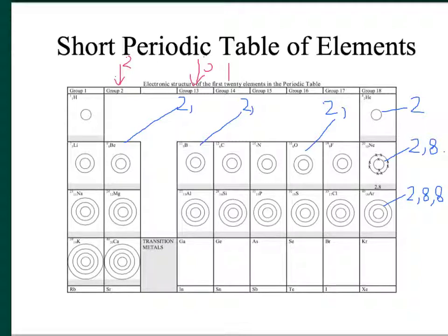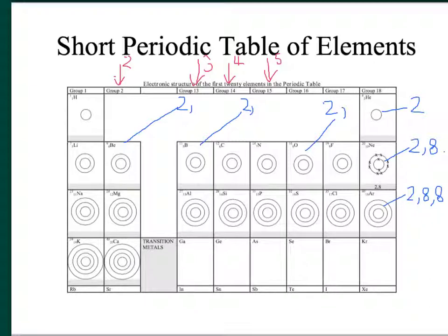Last number there is 4. Last number there is 5. So everything in group 5, all the elements in group 5 have got 5 electrons in their outer shell. And all the elements in group 6, 16, have got 6, because that's the last number there. They've got 6 electrons in their outer shell.